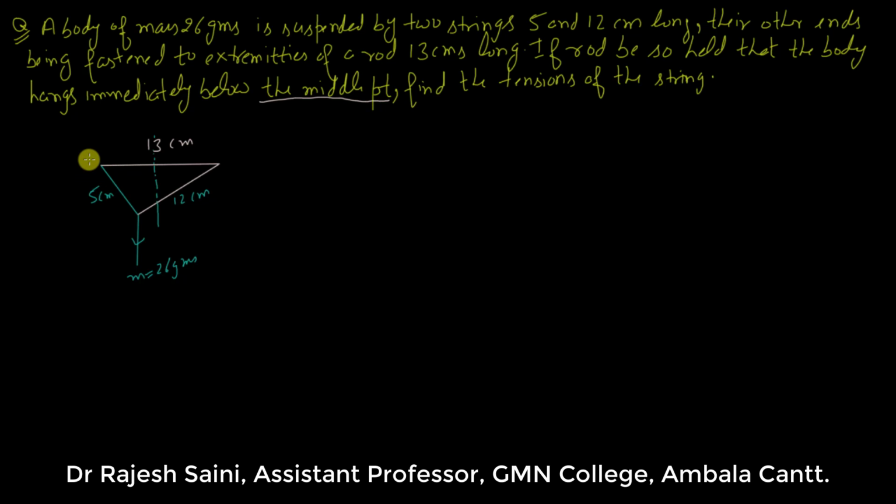If we name the rod AB and the point C, this orientation of the rod in horizontal position is not correct, because in this position we cannot make both the parts equal, since we also have to take their length into consideration. This is only a 5 centimeter long string, so there will be tensions T2 and T1.